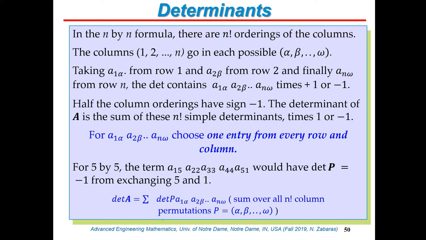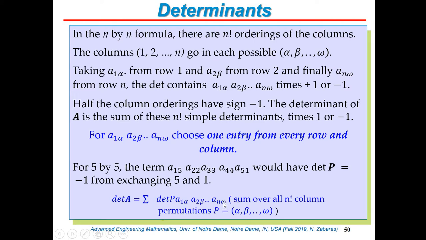This is again how in the 3x3 case we get 3 terms with a plus and 3 terms with a negative sign. This is really the big formula, and all the different formulas that we are going to discuss today come from this major big formula.